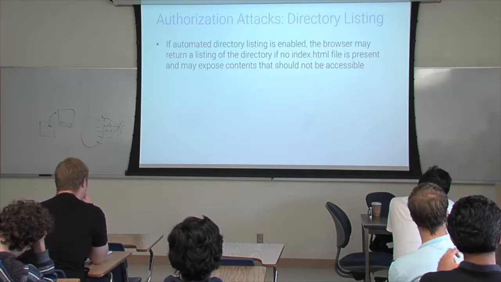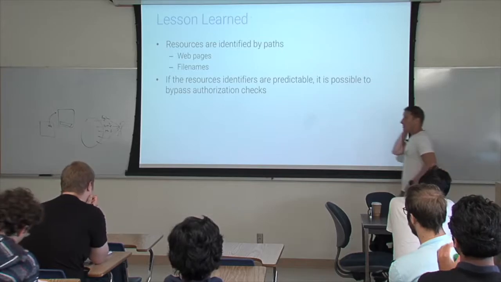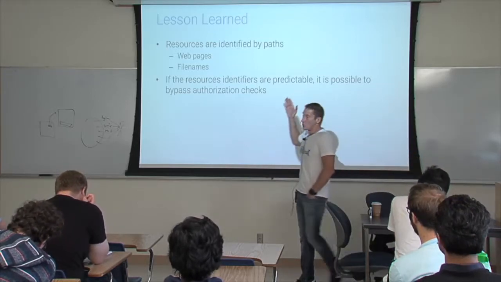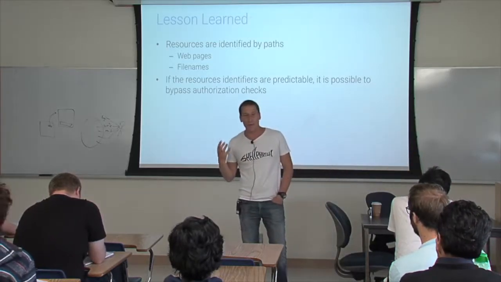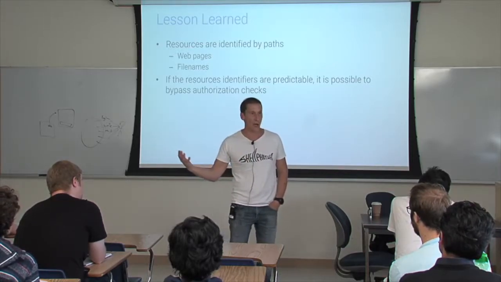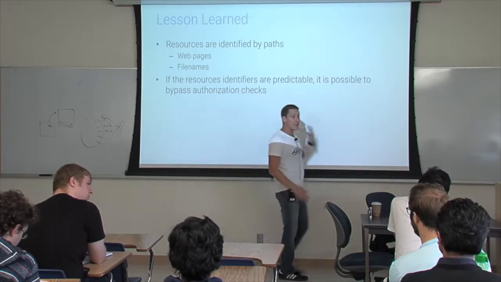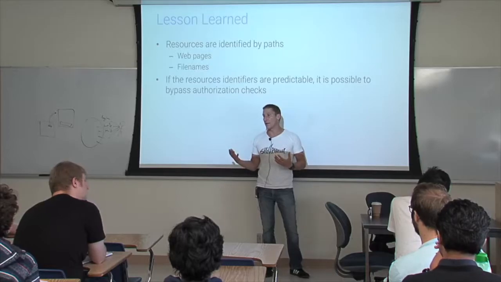But it's an authorization attack per se. The lesson learned here is that all resources are paths. Everything in a web interface is a path plus a query string. And if you can predict the resources, then you can get there.